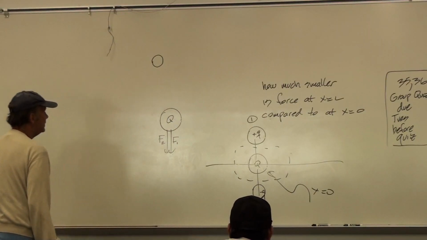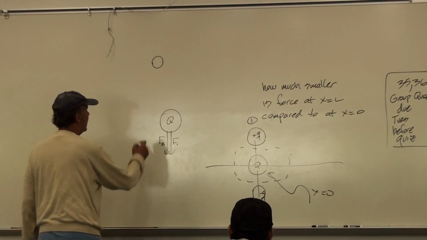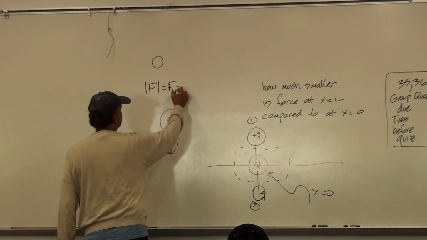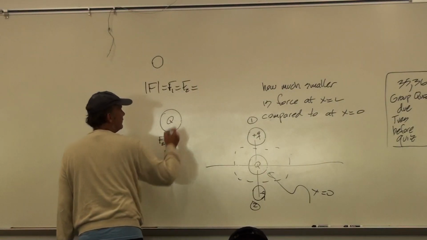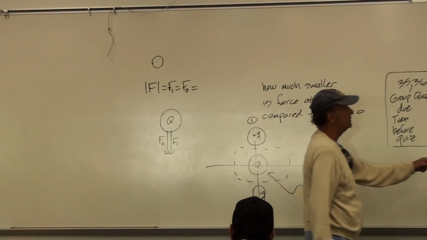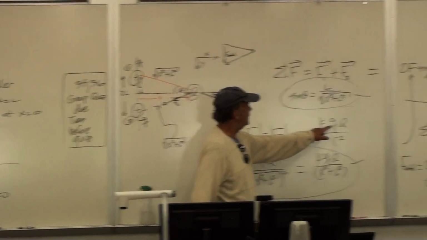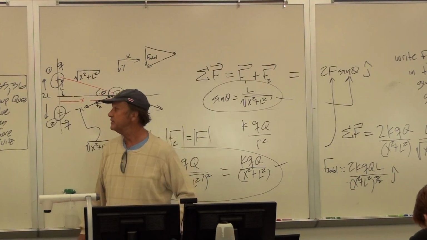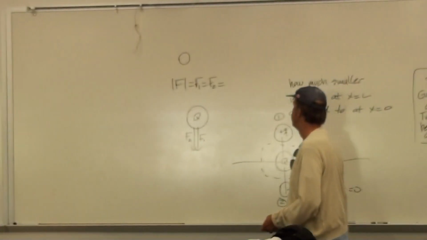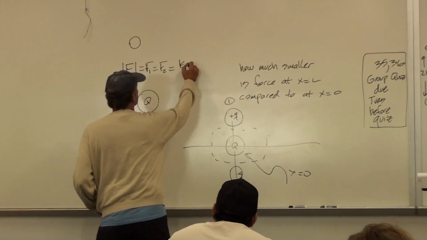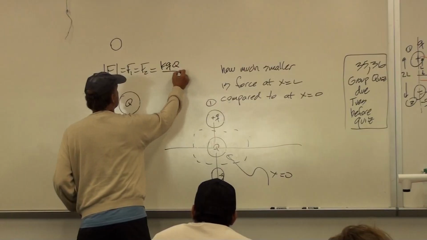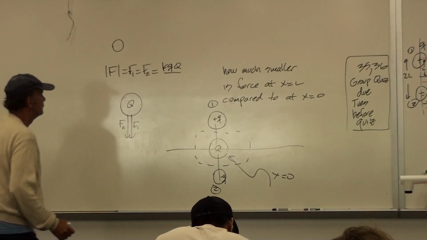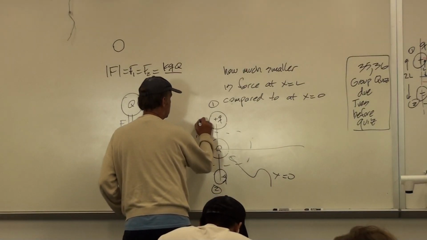So they're both adding together, and the magnitude of F equals F1 equals F2, because we still have that symmetry that we talked about over here. K, little q, big Q over some distance squared. In this case, that distance is what? L, good.